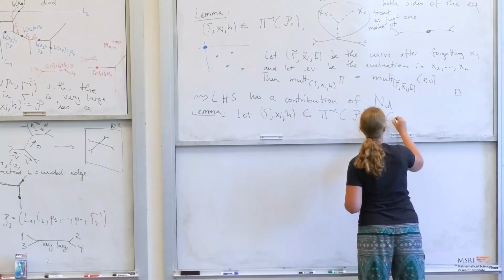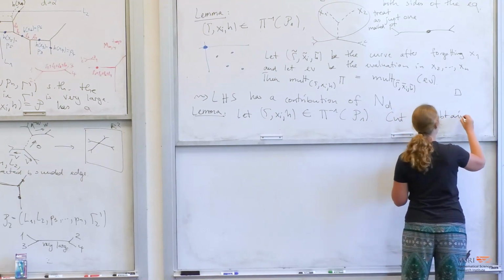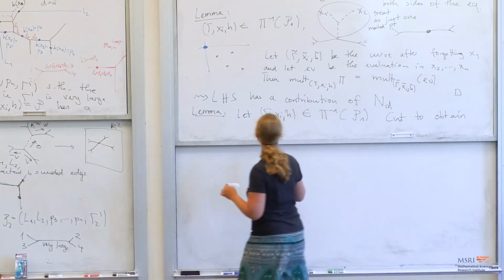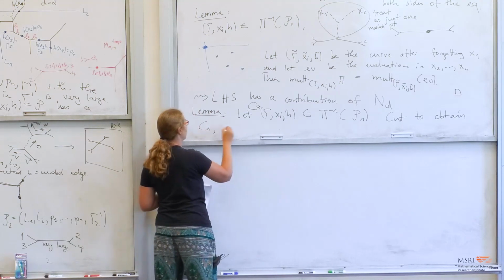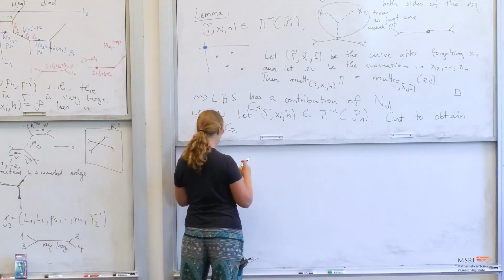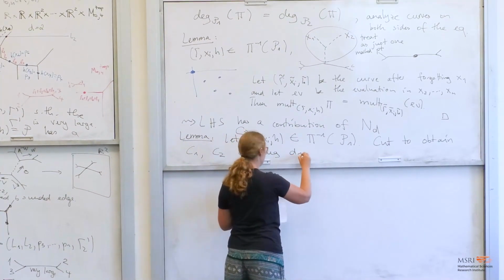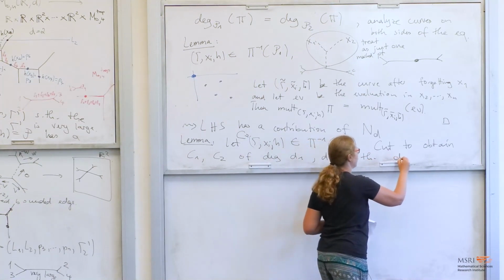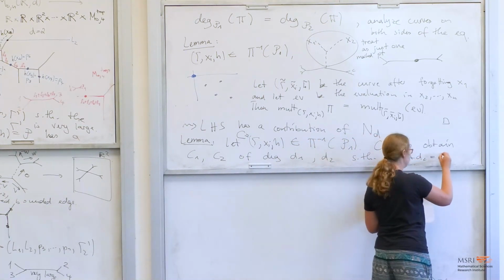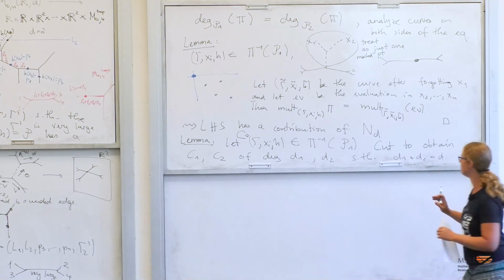And then what we do is we cut the contracted bounded edge to obtain two curves. Let me actually use as a shortcut, let me call this guy C, and let me call the two cut pieces C1 and C2 of degree D1 and D2, such that D1 plus D2 is D. What else do we know about C1 and C2?